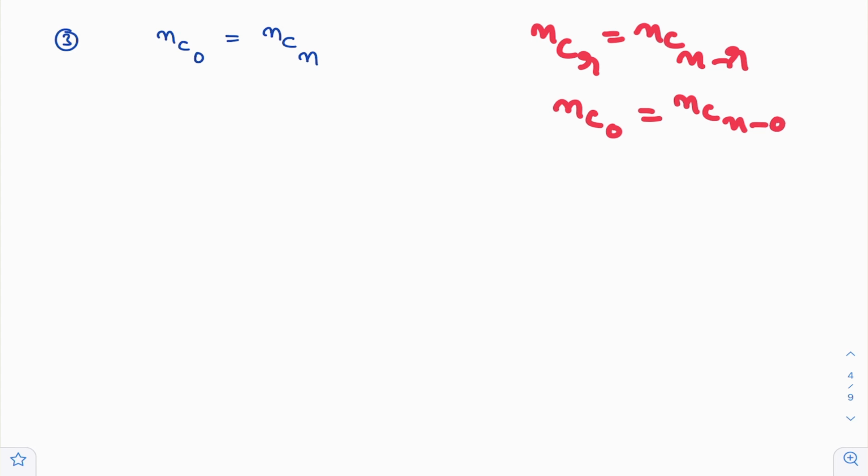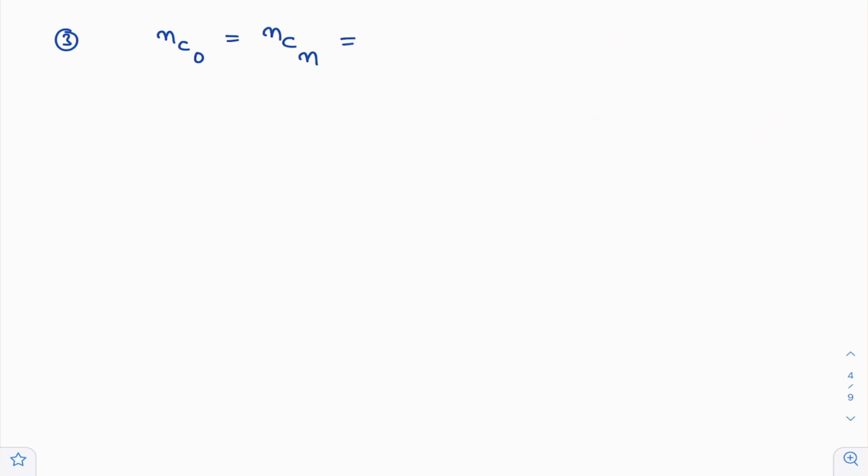nC0 is the same as nCn, because you know the formula nCr is the same as nC(n minus r). So nC0 is the same as nC(n minus 0), which is nothing but nCn. nC0 value is 1, and nCn value is also 1.